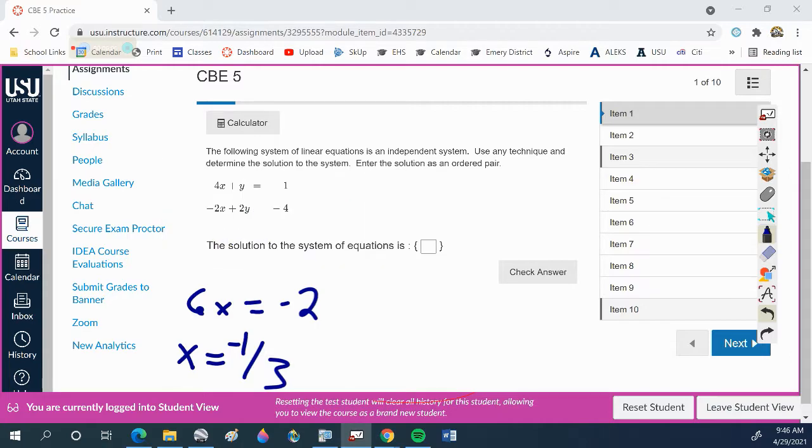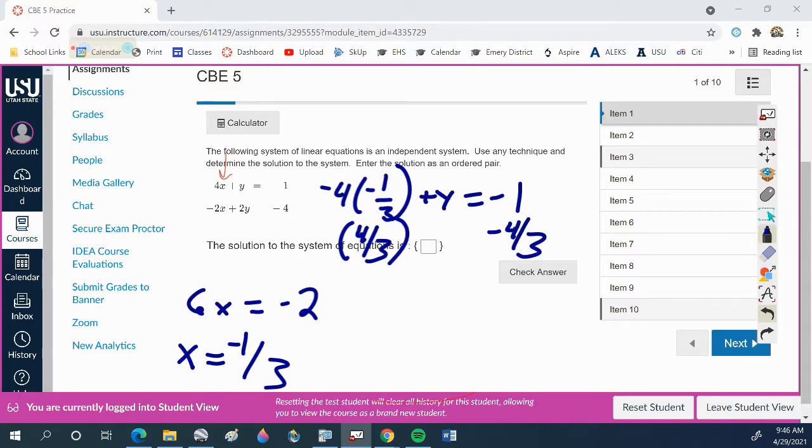So let's put, neither one of them are really going to be very good. So we're going to put negative 1/3 in here. Negative 4 times negative 1/3 plus y equals negative 1. So this is 4/3. So I need to subtract 4/3. And negative 1 is 3/3.